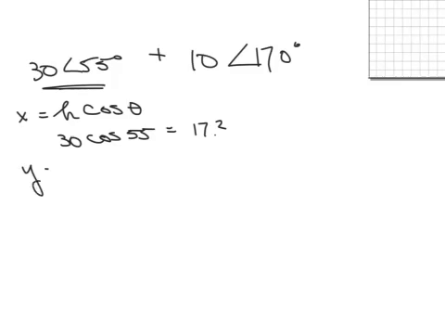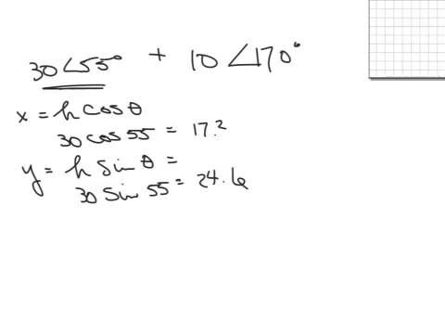And then my y value is going to be h sine of theta, which is 30 sine of 55, which is 24.6-ish. So converting that to rectangular would be 17.2r plus 24.6u. That would be the conversion into rectangular.